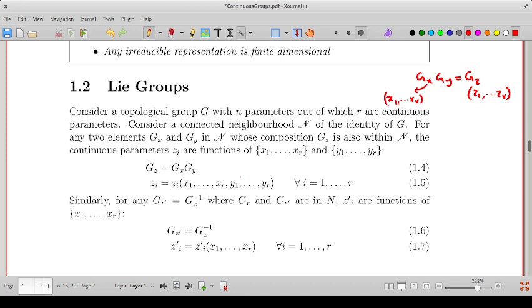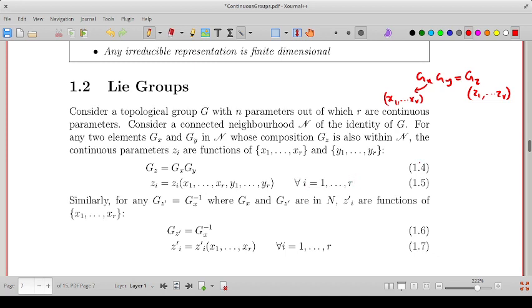So in general, we may write the parameter zi as a function zi of x1, x2 up to xr, comma y1, y2, etc. up to yr, and this is for all values of i running from 1 to r.